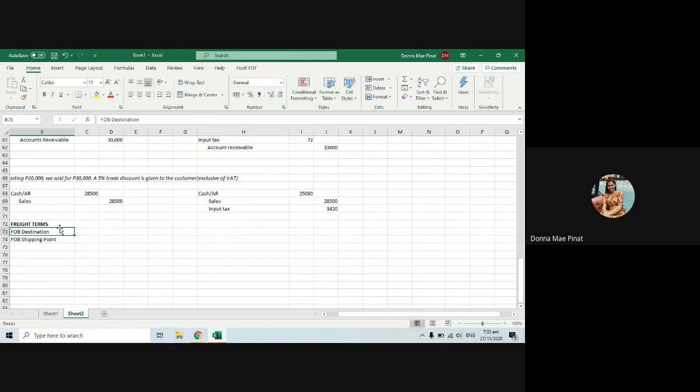Kaning freight terms, this will determine who pays or who shoulders the freight. Freight, guys, meaning kana bitong delivery fee. Okay, so who shoulders the freight, tapos who pays the freight, tapos who has ownership.